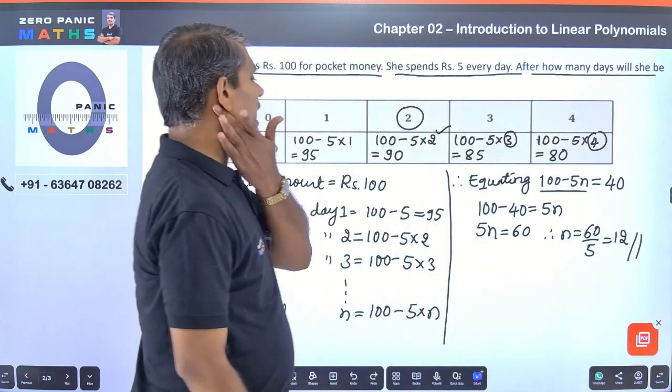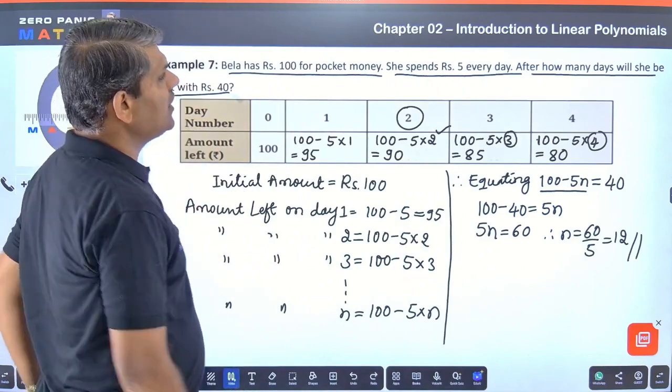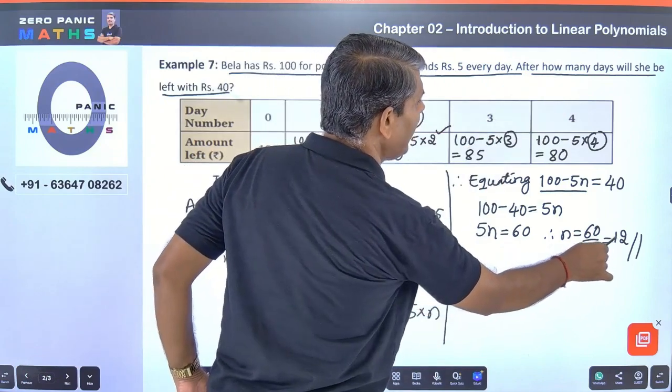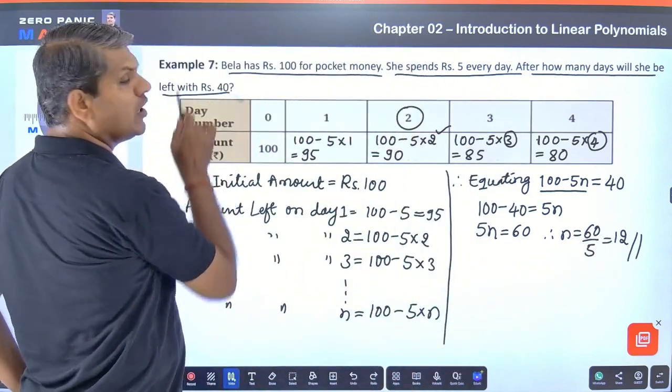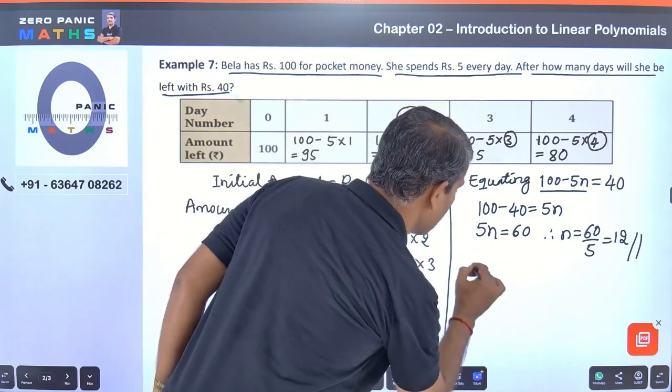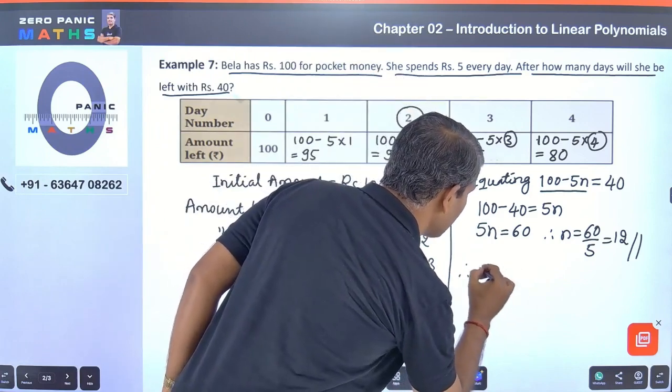So it means that after 12 days, after how many days it is asked, right? So therefore you can write after 12 days she will be left with rupees 40. You can even verify that later. Let us write the answer first.